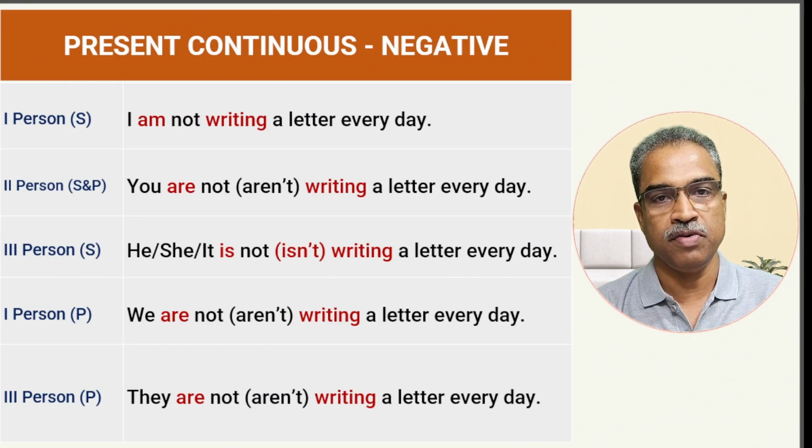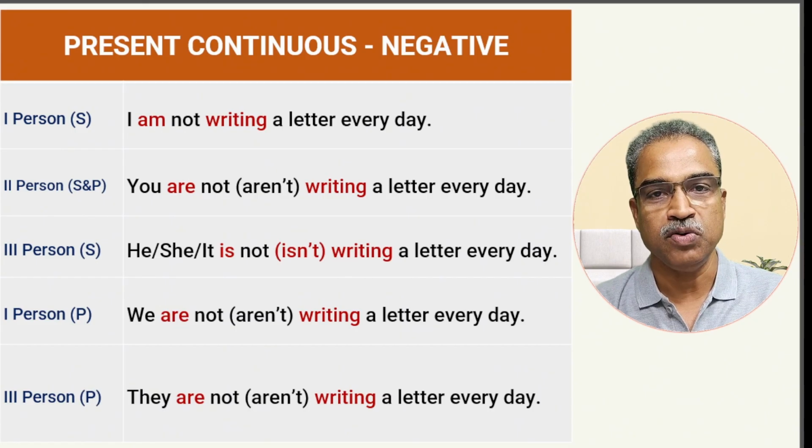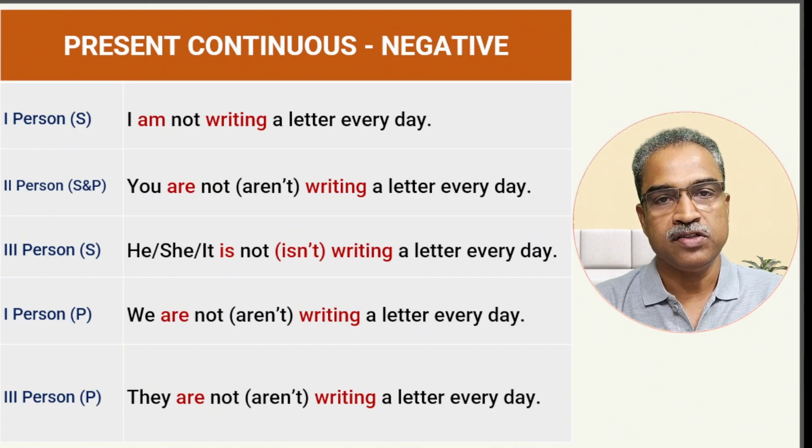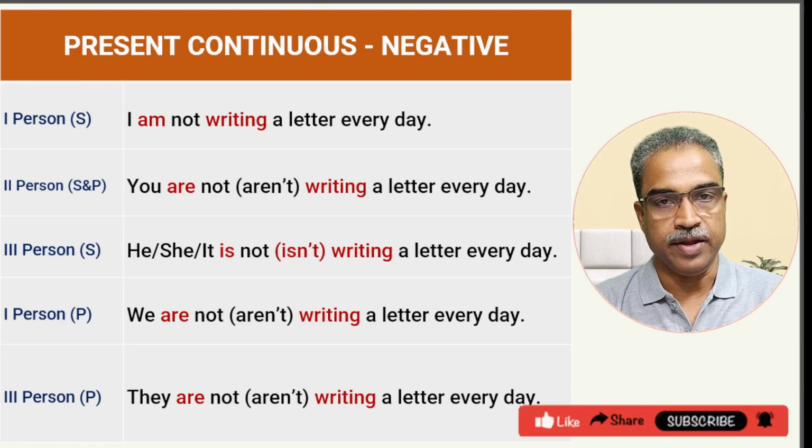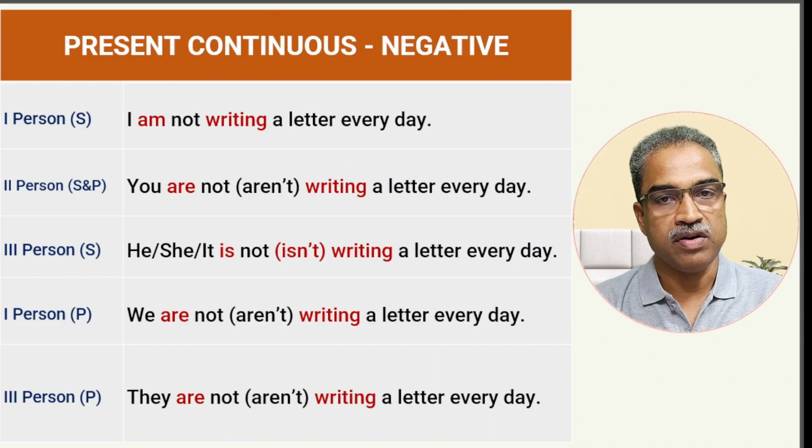But let's, for the moment, forget that. Let's not meddle with that am auxiliary verb and come to are plus not. Are plus not is aren't. So you are not writing a letter every day, or else you aren't writing a letter every day.